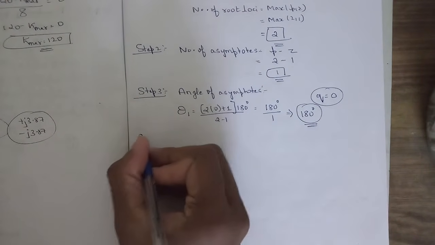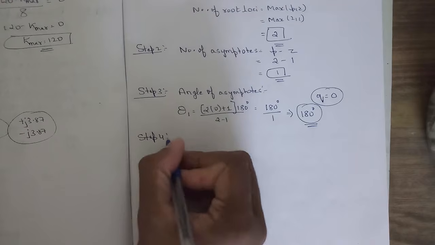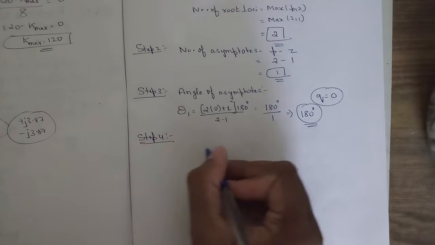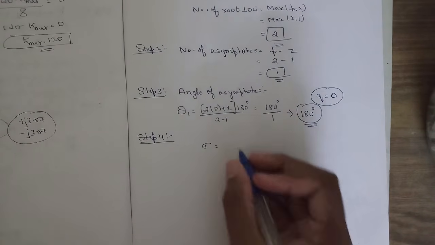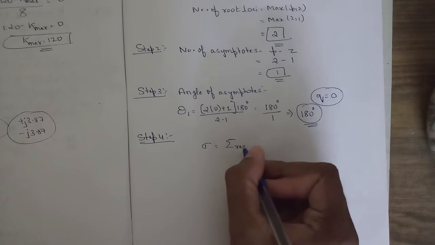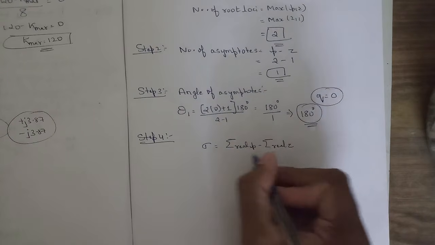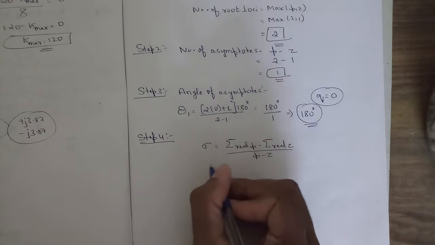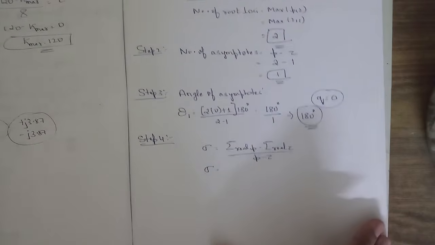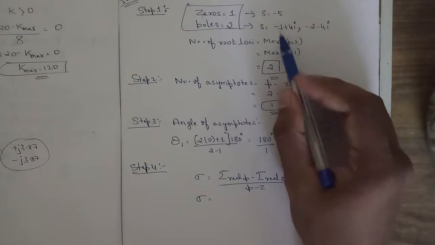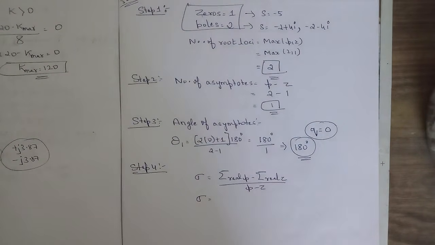The next step is centroid calculation. Sigma centroid is the summation of real part of poles minus the summation of real part of zeros, divided by p minus z. Here they mention the real part of poles because sometimes the poles we get are complex.